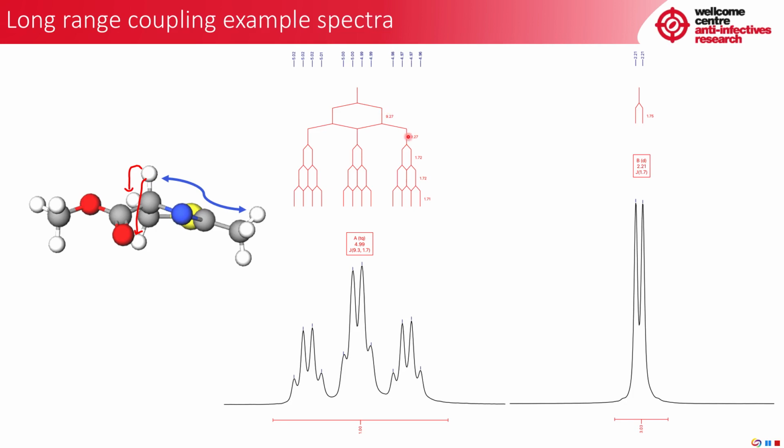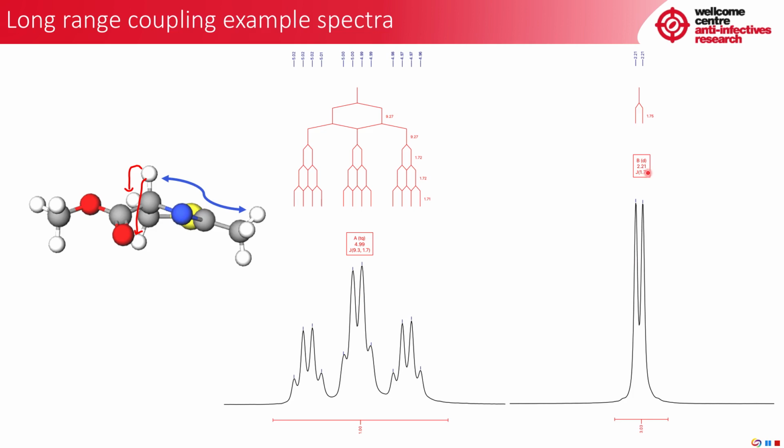And then it further couples to this methyl group, and that gives rise to a quartet. You can see quite clearly that it has a J value of 1.7. And this is mirrored if you then go and look at that methyl signal in a doublet with the J of 1.7. So this is an example of a long-range coupling.